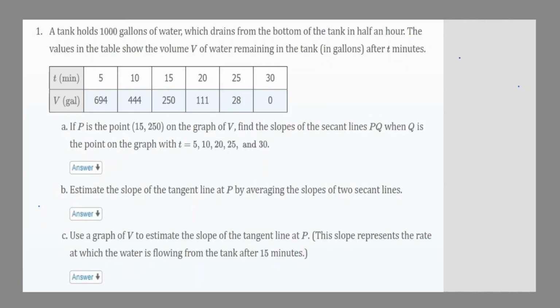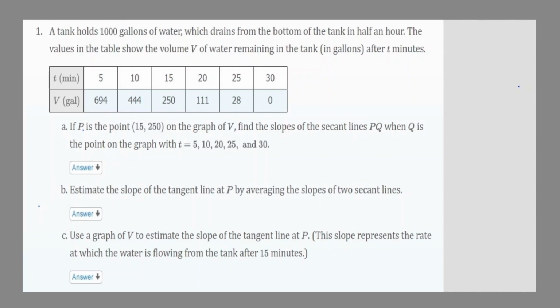Alright, so how we'll do this is we'll do 3 questions together and then I'll have you guys do 3 questions by yourselves. So the first question is, a tank holds 1,000 gallons of water which drains from the bottom in half an hour. And V is the volume of water remaining, and then T is the minutes that surpassed since it started draining.